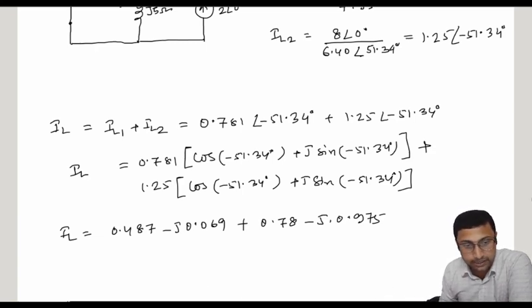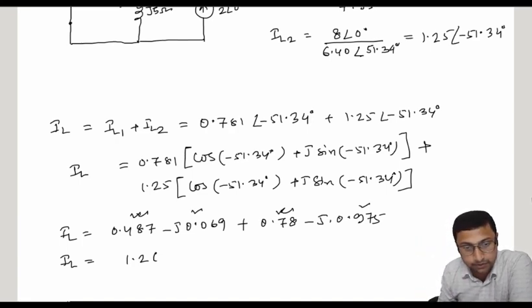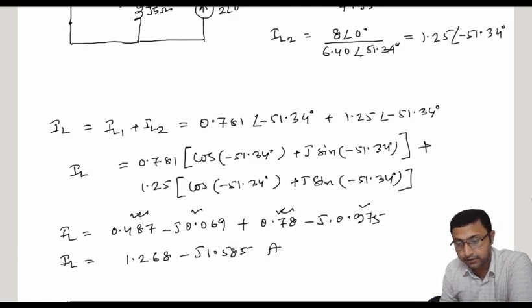If we add this, the IL will be, simply we have to add the real part with the real part, and the term associated with the J is the imaginary part. So adding the real part with the real part it is 1.268, and the imaginary part becomes J 1.585. Okay, so this is in ampere.